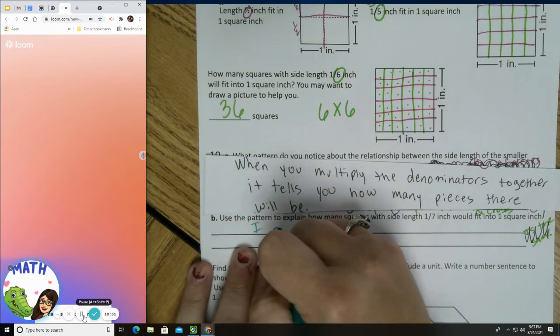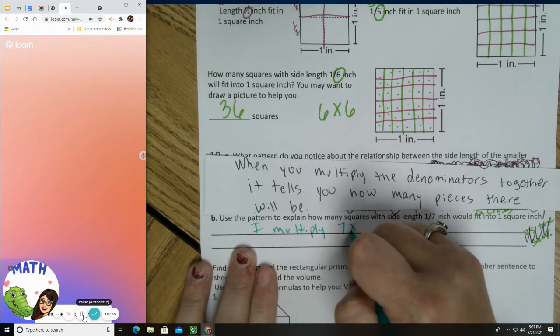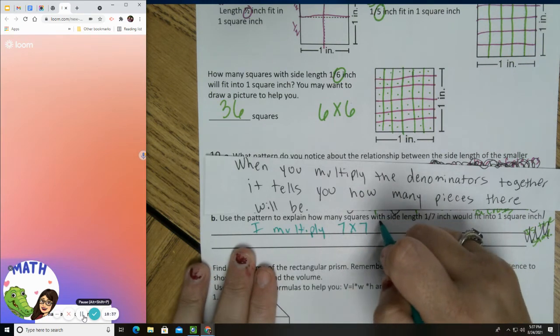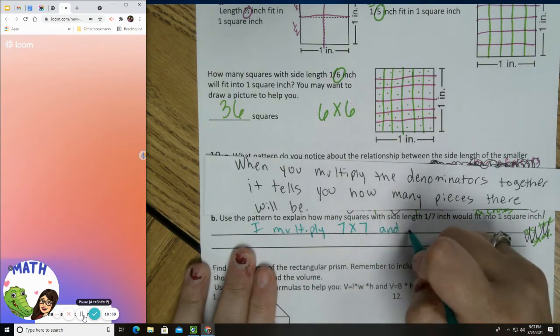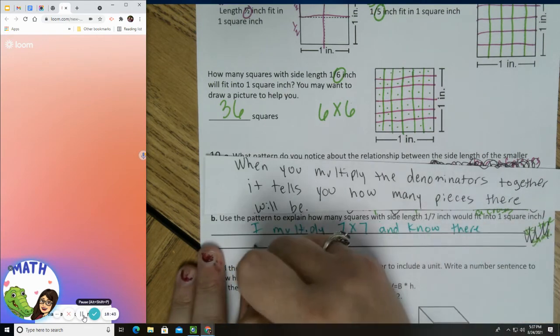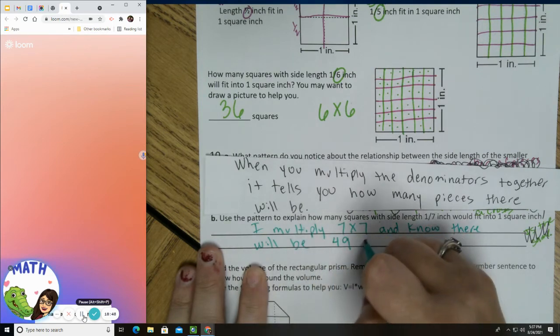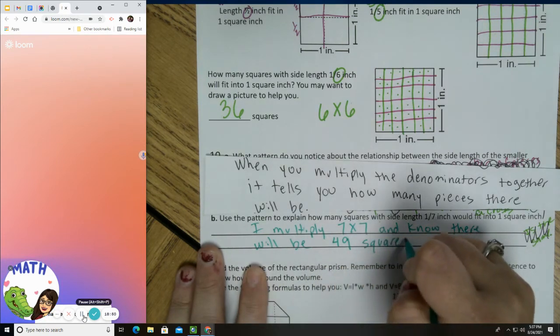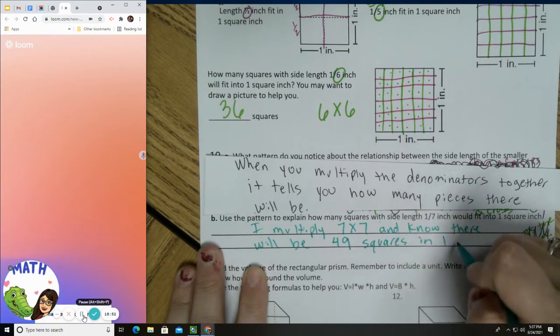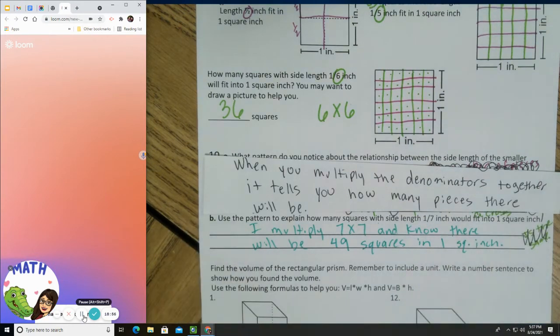I multiply 7 times 7 and know there will be 49 squares in 1 square inch. Something along those lines.